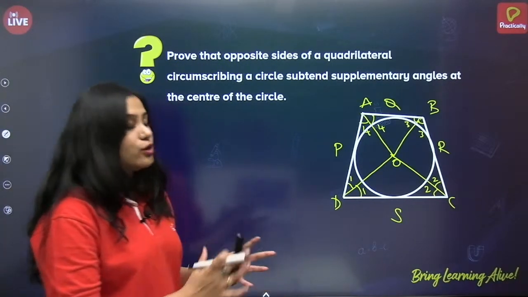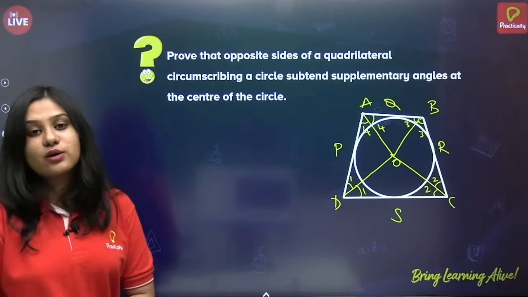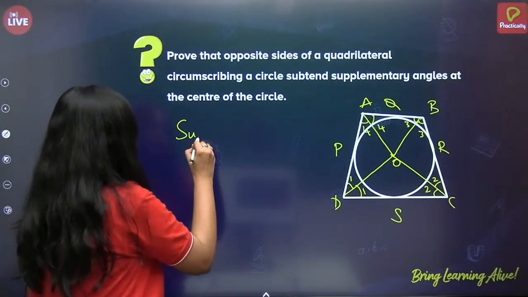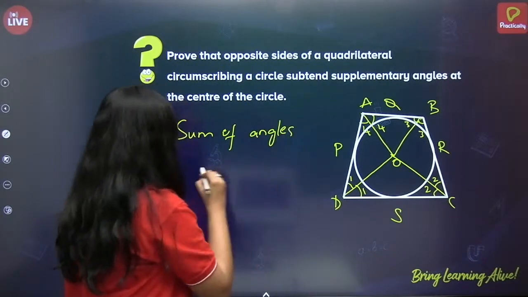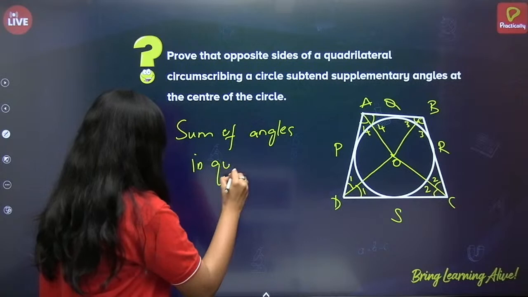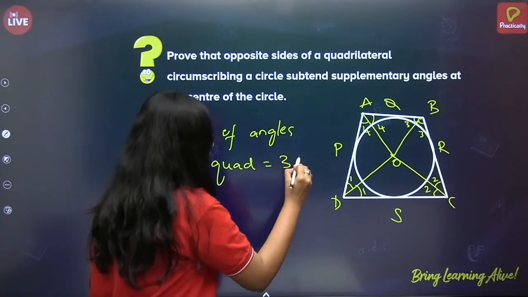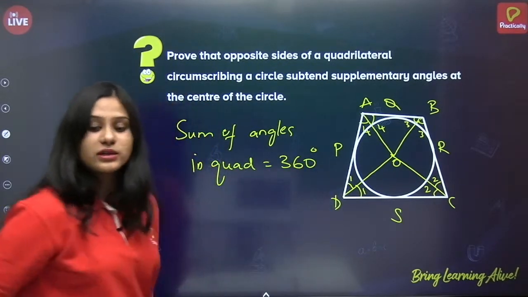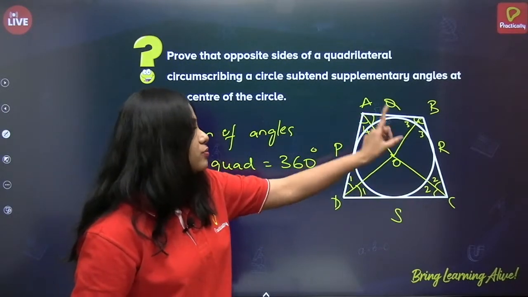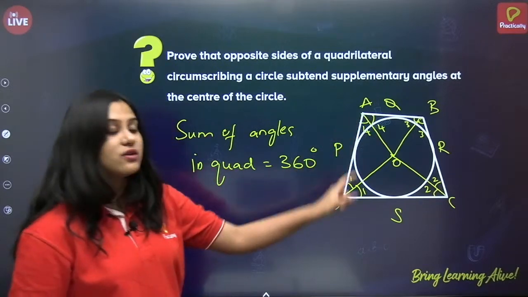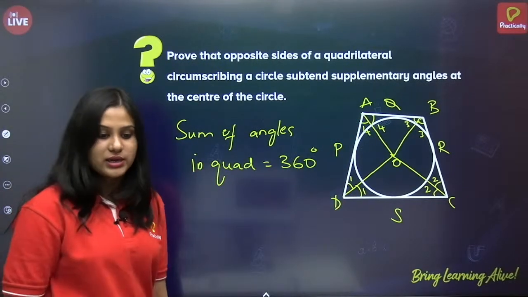Now, what do we know about the sum of the angles in a quadrilateral? Sum of angles in a quadrilateral is equal to 360 degrees. Correct? So, angle 1 plus angle 1, angle 2 plus angle 2, plus angle 3 plus angle 3 plus angle 4 plus angle 4 is equal to 360 degrees.